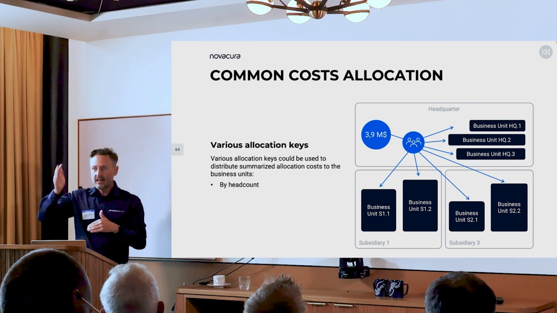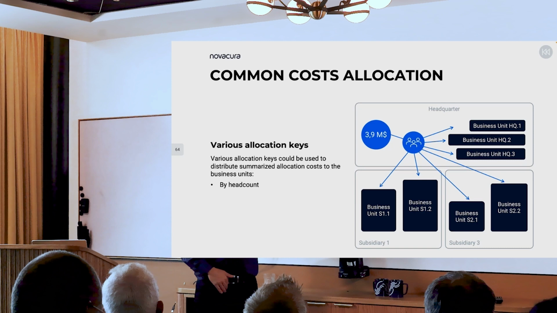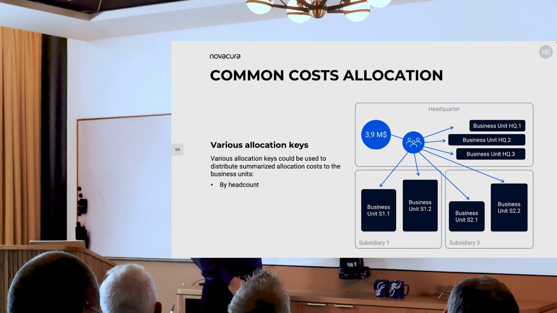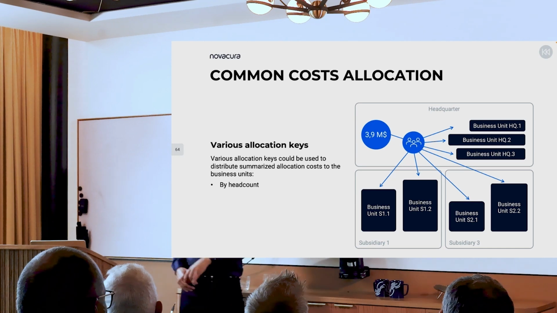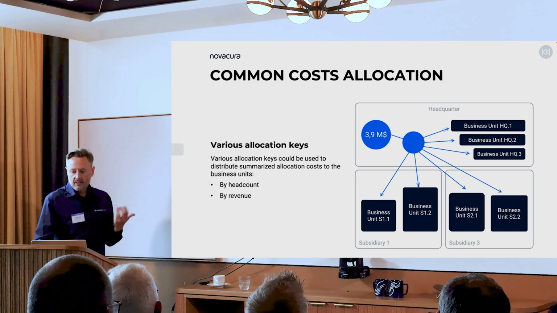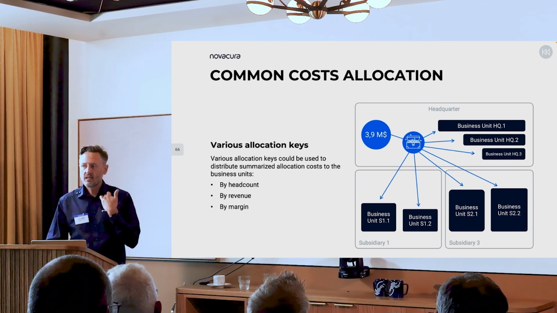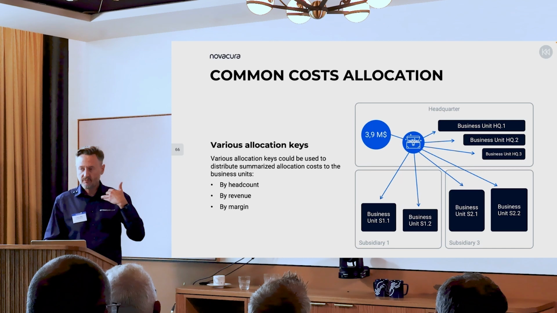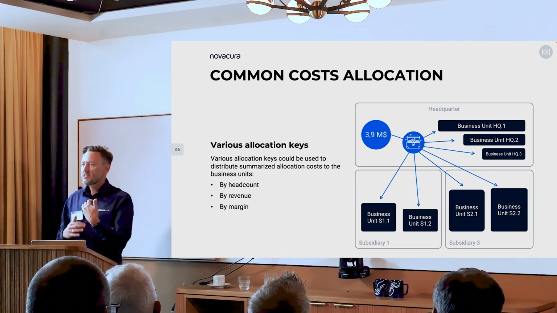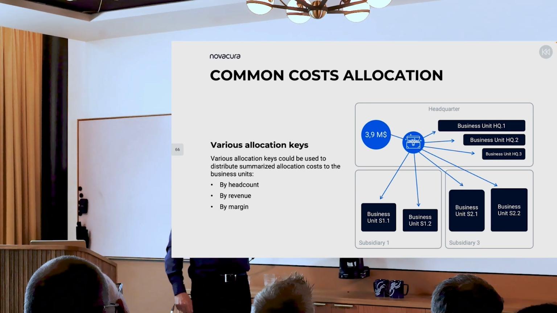For instance, you count the headcount of each of these business units, and based on their size, you distribute this cost. So the bigger unit will receive more cost as overhead. You can use multiple keys like this, and it could be fully controlled by Novacura Flow. It really supports this very complicated process. And it's especially important to have it automated because this value changes very often.